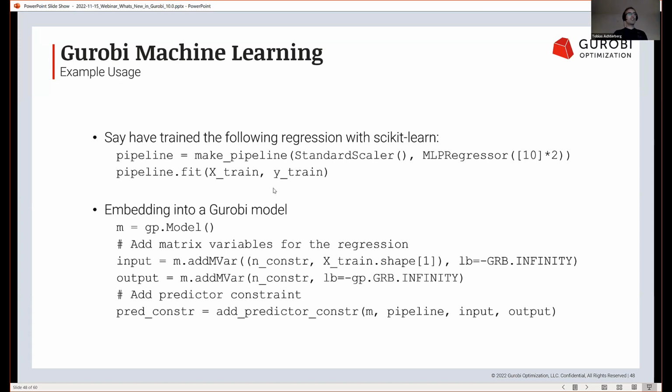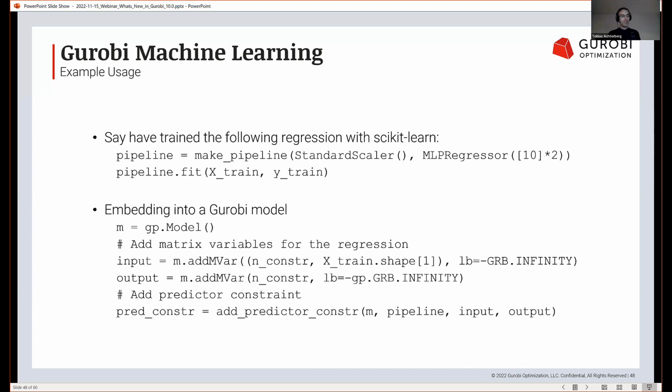And the input dimension would be automatically the dimension of that X training set, and the output dimension would be the dimension of the Y vectors in the training set. And then the fit function of that pipeline, this is just scikit-learn, right? So this is the training. That means afterwards you have a trained neural network.